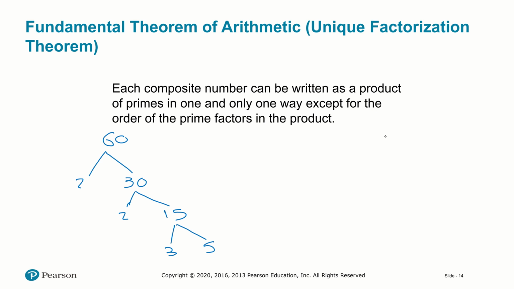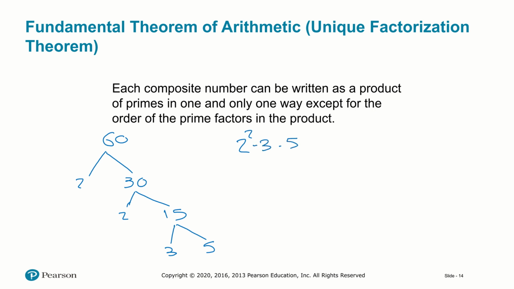So you can see we can write 60 as 2 times 2 times 3 times 5, right? So, correction, I mean 2, yeah, we were right. 2 times 2 times 3 times 5. So I had it right the first time. All right, so basically 2 squared times 3 times 5, correct?